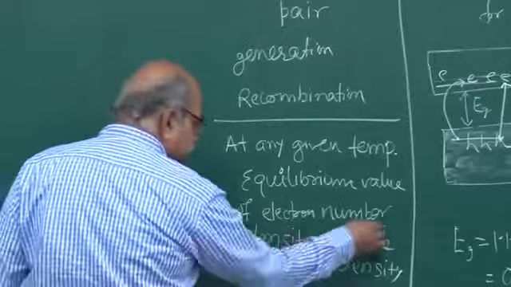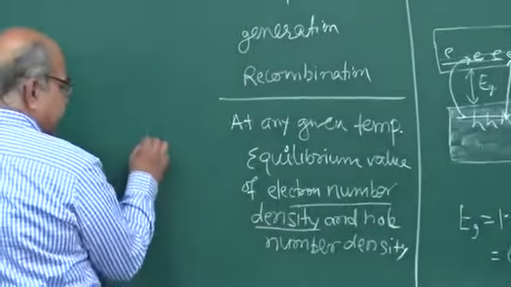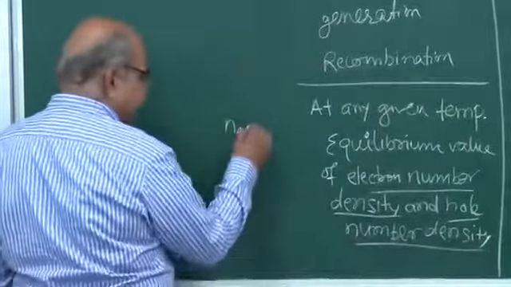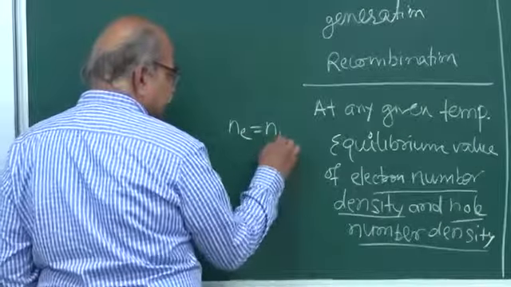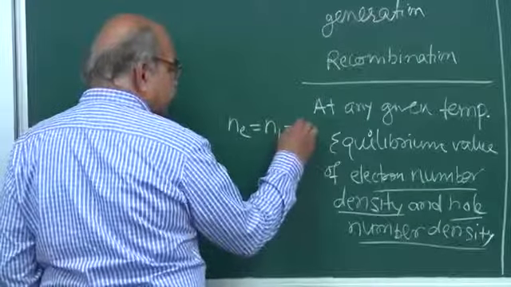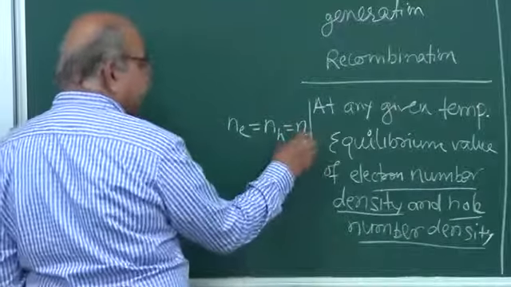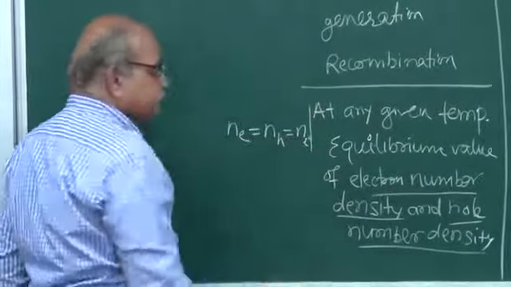So this electron number density we write as Ne, and this hole number density we write as Nh, and this is equal, sometimes people write this as Ni. Okay, Ni, i for intrinsic.